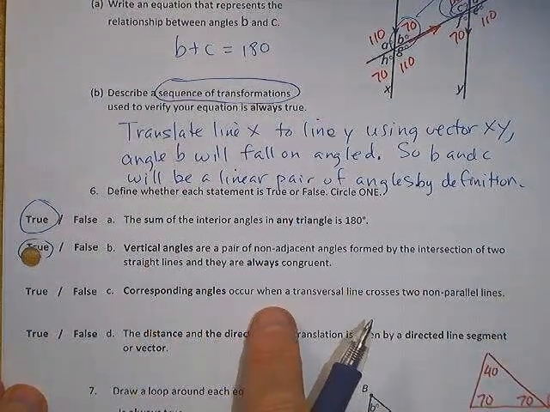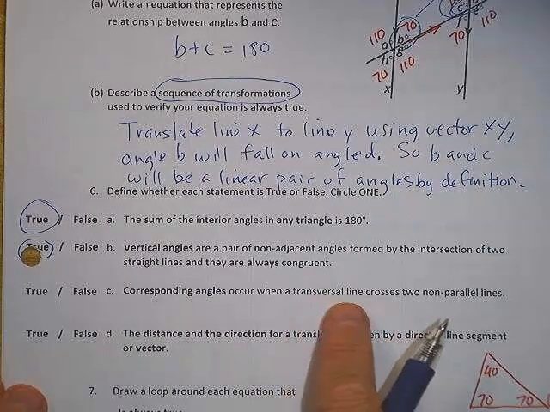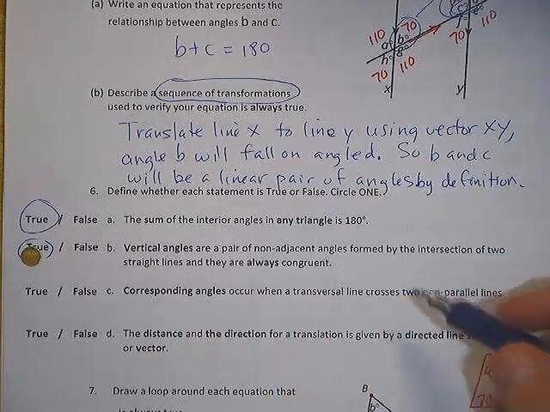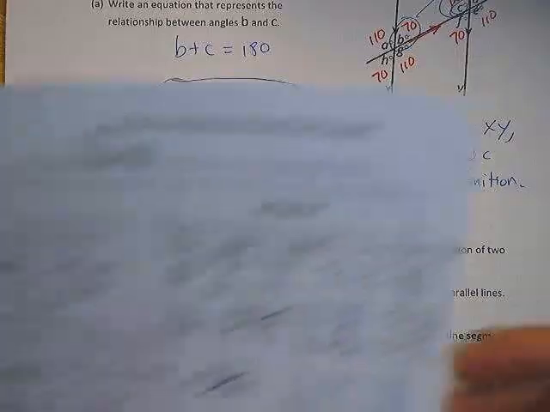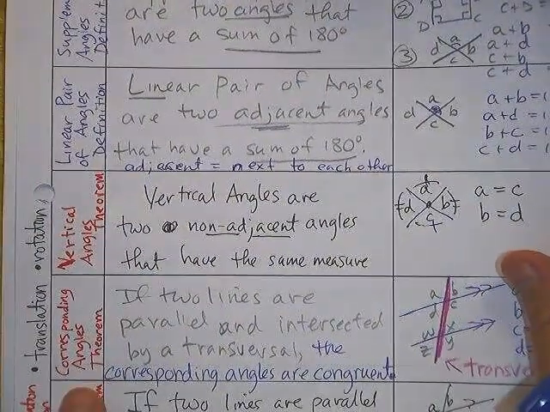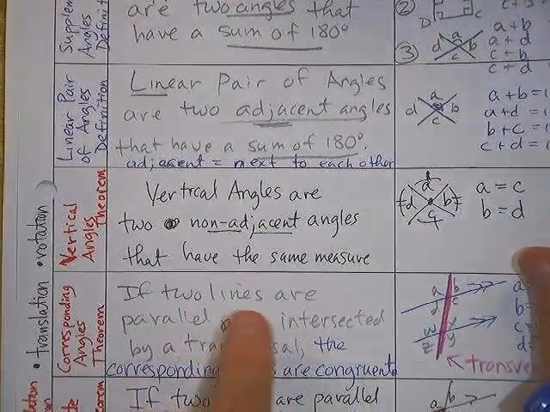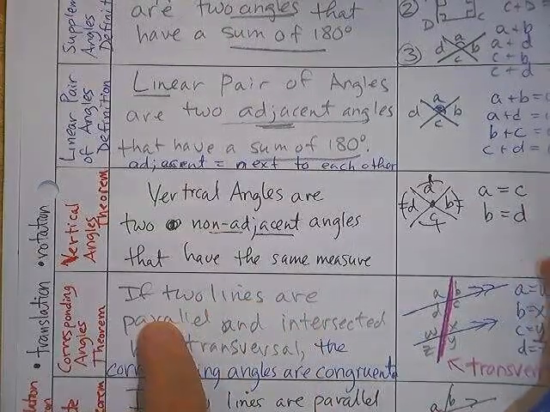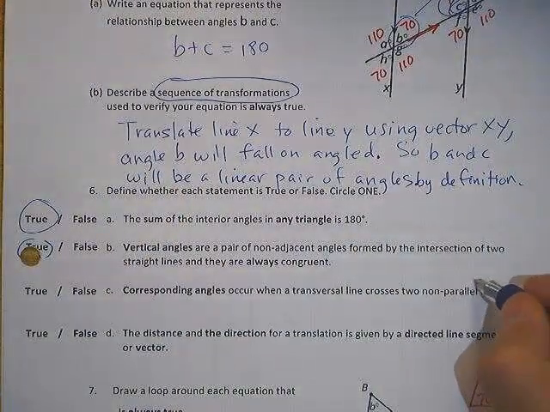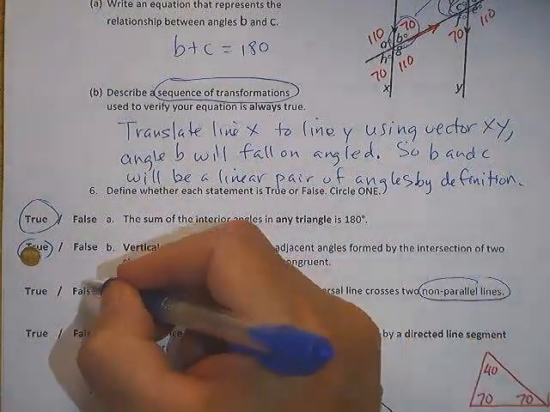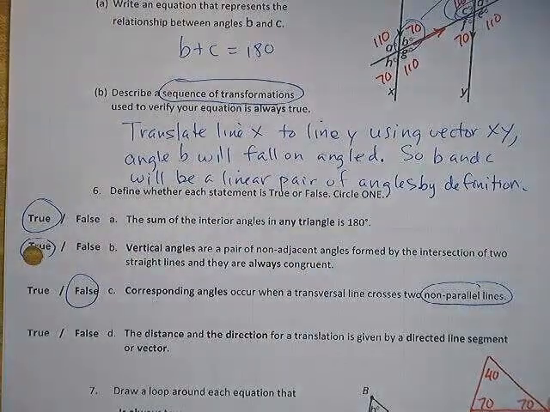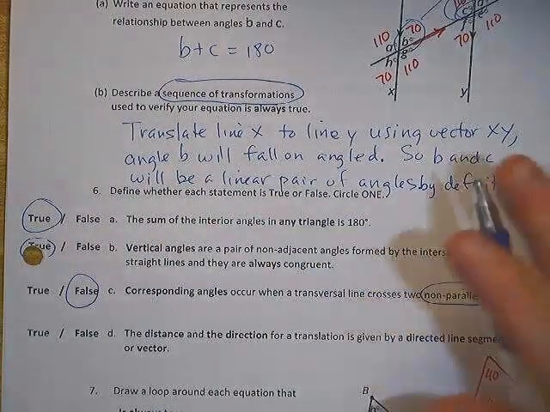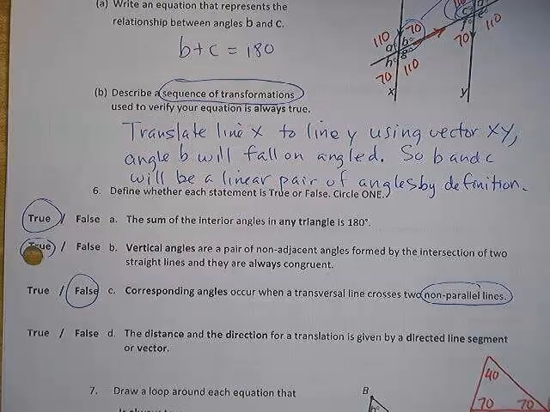Corresponding angles occur when a transversal line crosses two non-parallel lines. We talk about corresponding angles as being, if two lines are parallel and intersected by a transversal. The key here is this is parallel, where here it's talking about non-parallel. So this would be false. Corresponding angles, in terms of our discussion at this point, only relate to parallel lines being cut by a transversal.